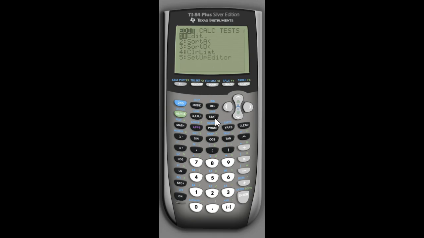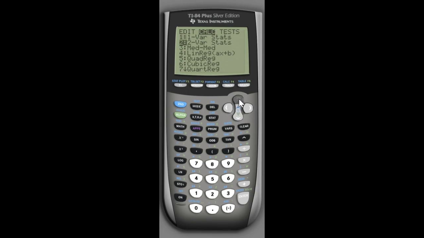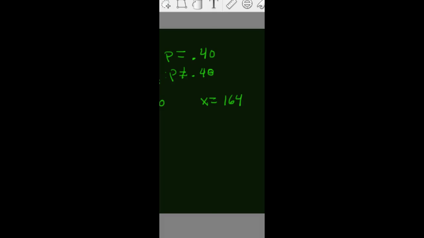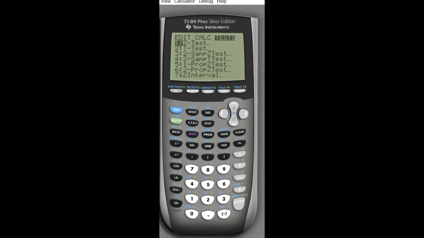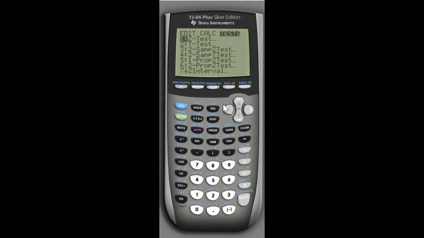I'm going to Stat, Tests, 1 proportion interval, which is, oops, I want to be in Tests. That's why I'm not finding it. That's not good. Let's fix that. There we go. Okay. So we want to drive down to letter A here. I went past it.